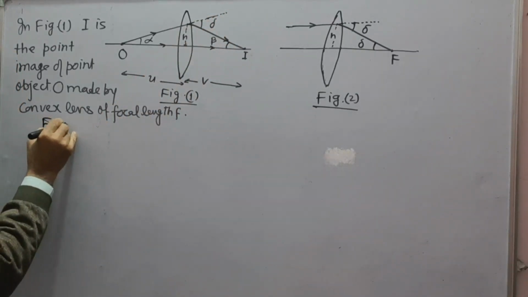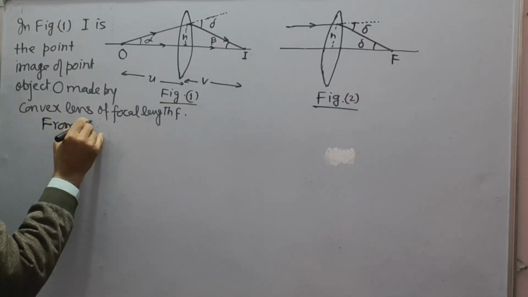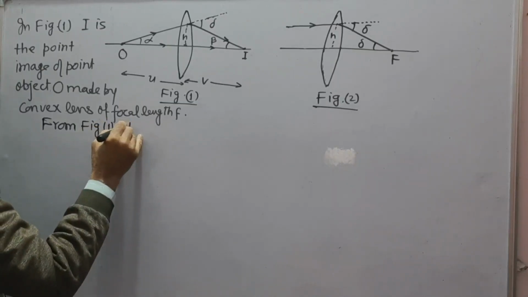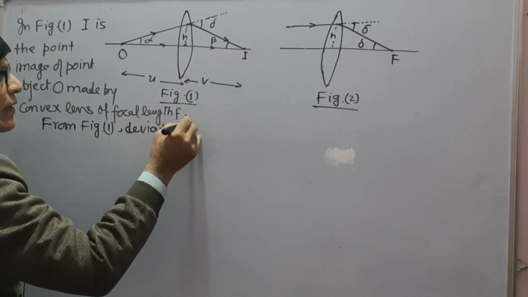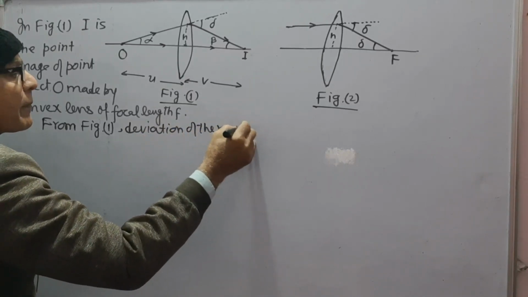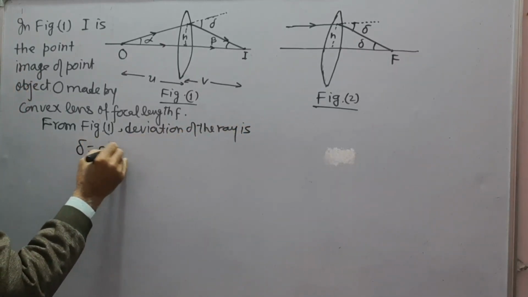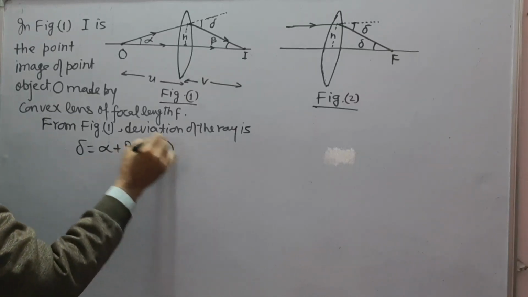From figure 1, deviation of the rays delta is equal to alpha plus beta. Suppose this is equation 1.